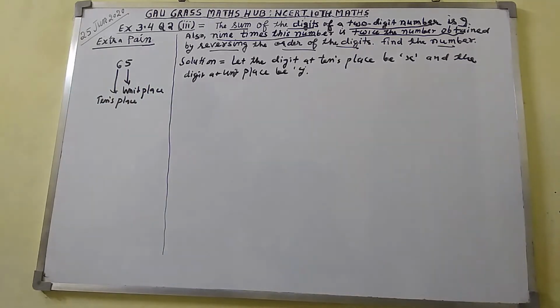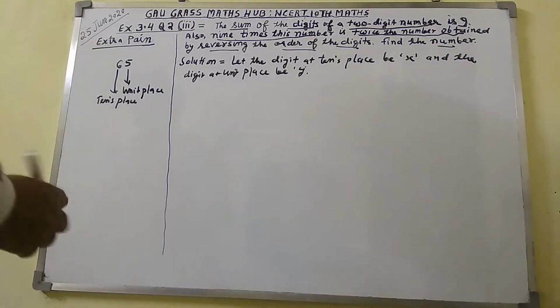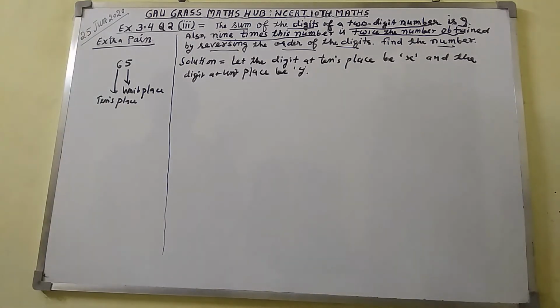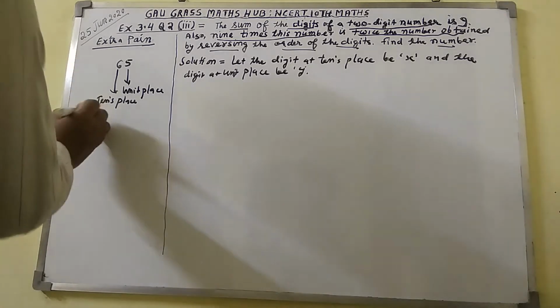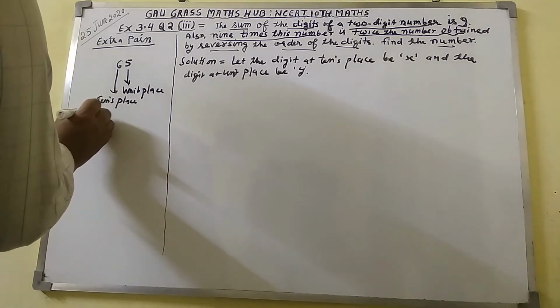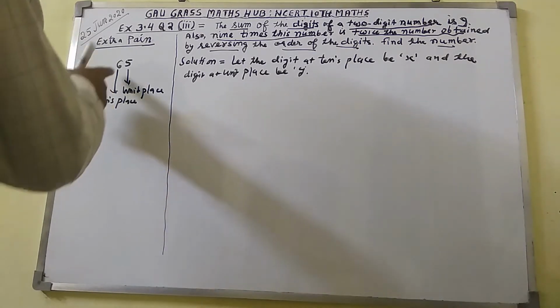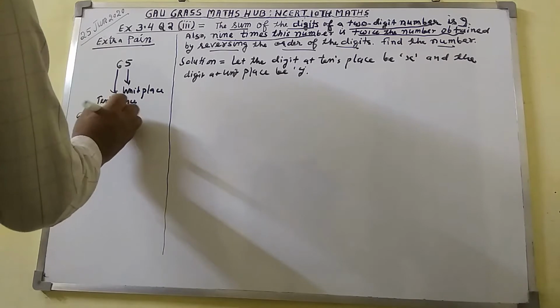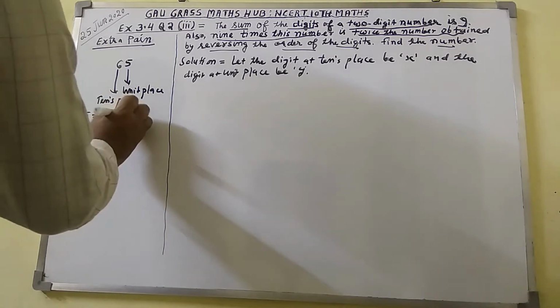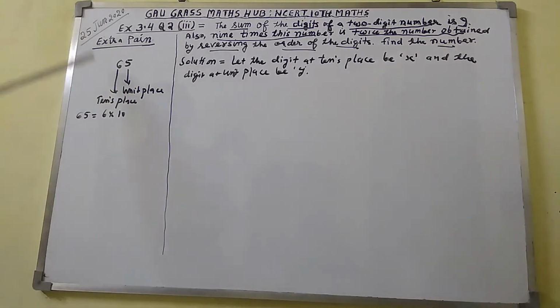What will we do in this case? If 5 is at unit place and 6 is at tens place, how will it be adjusted? Now 65 can be written as follows. 6 is at tens place, which means the digit 6 will be multiplied by 10. Why? Because the digit 6 is at tens place, that's why 6 will be multiplied by 10.